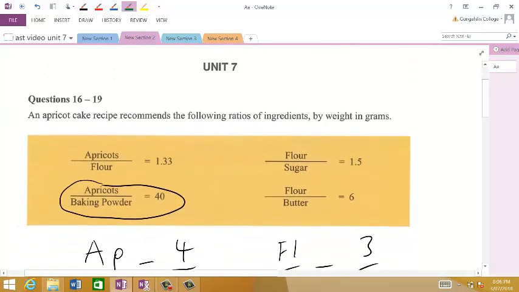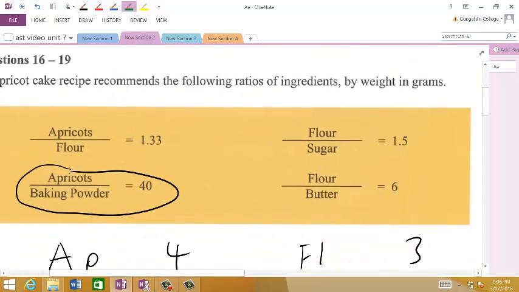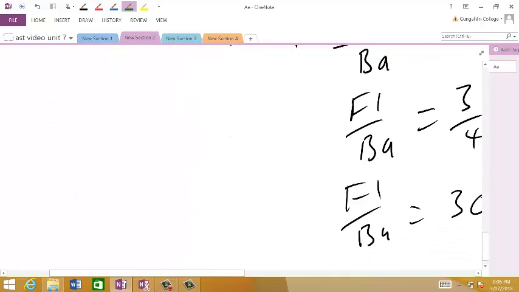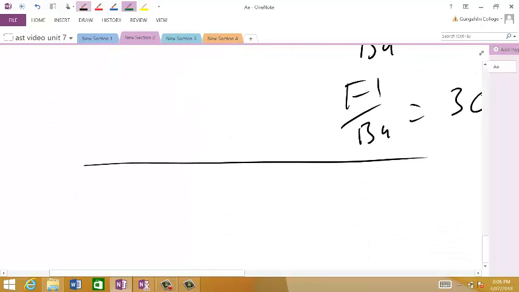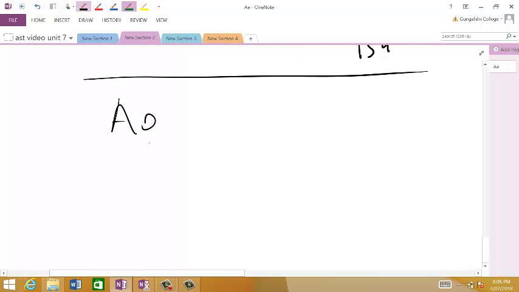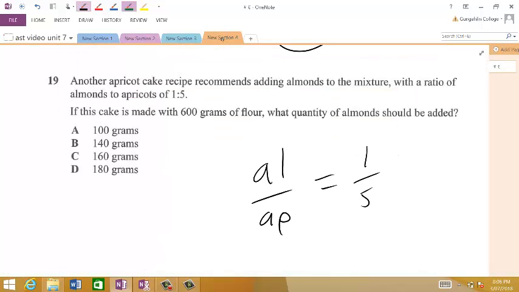Apricots and flour, we have our ratio, apricots over flour equals 4/3. So we have apricots over flour equals 4/3, and we have almonds over apricots equals 1/5.